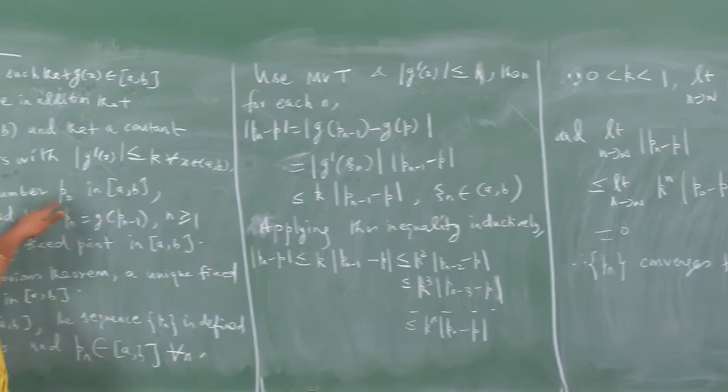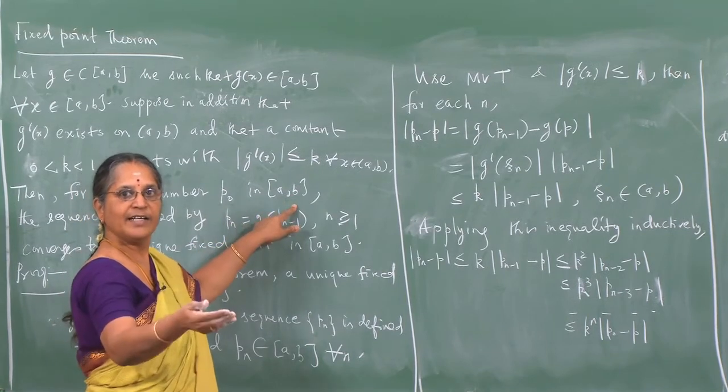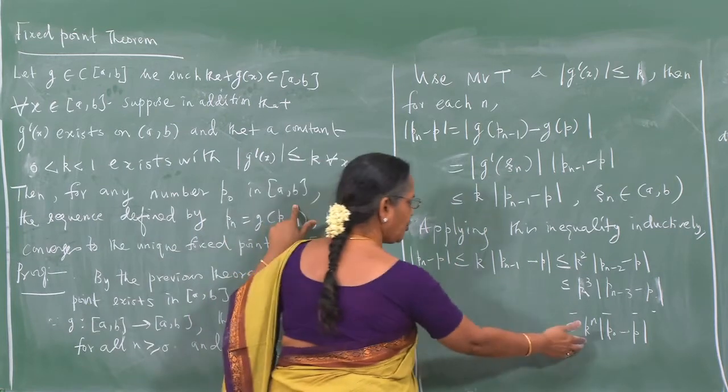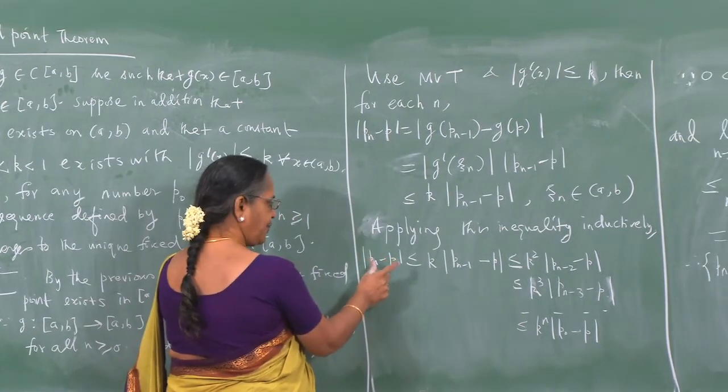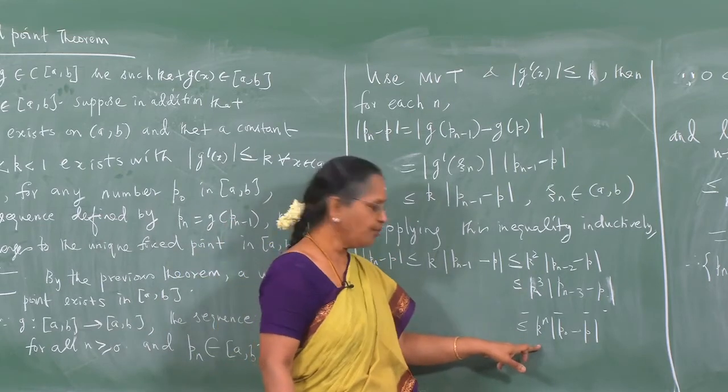P naught is any number in [a, b] with which we have started our iterations. So, what have we shown? We have shown modulus of Pn minus P is less than or equal to k power n into mod P naught minus P.